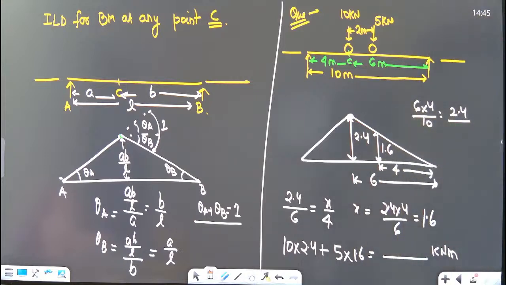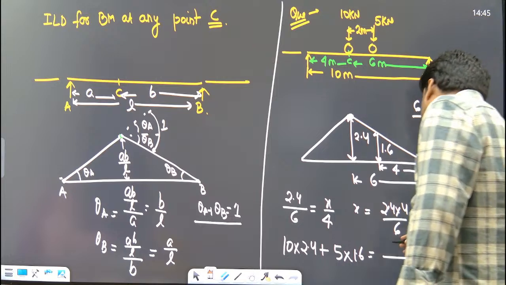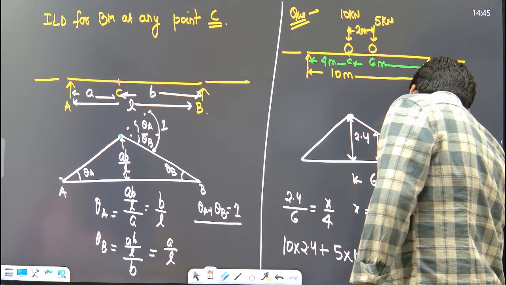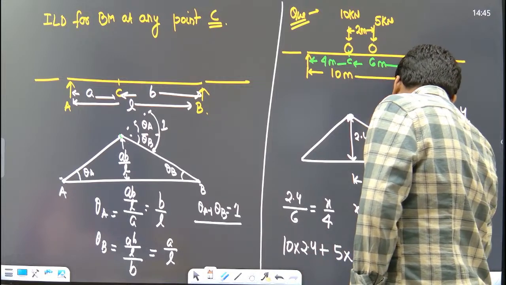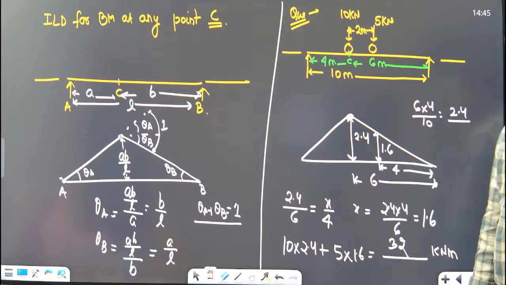This is your answer: 24 plus 5 times 1.6. Your answer will be 32 kilonewton meter. Understood?